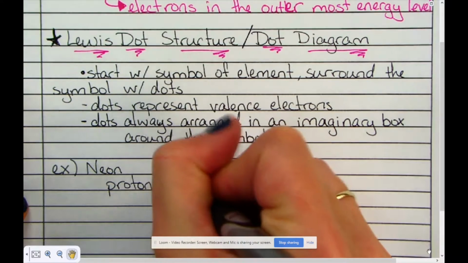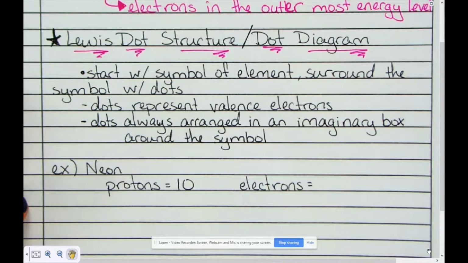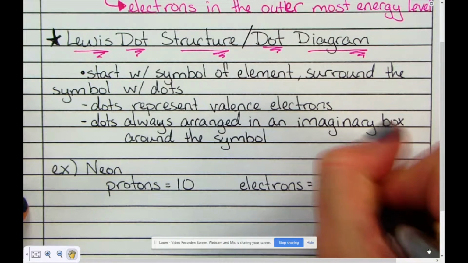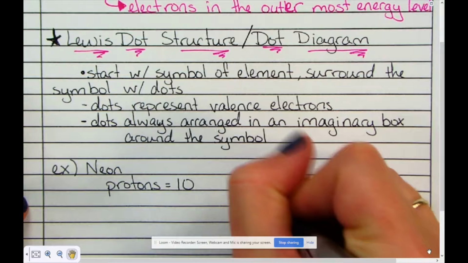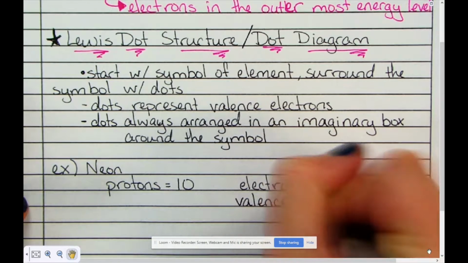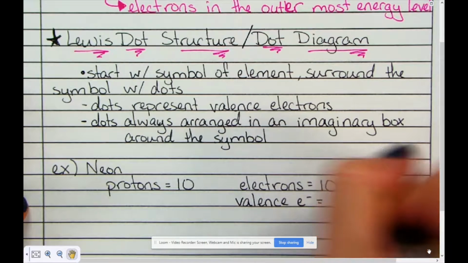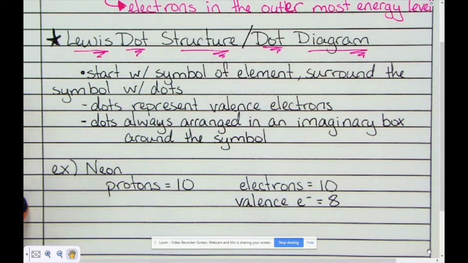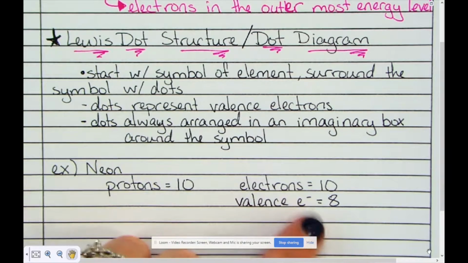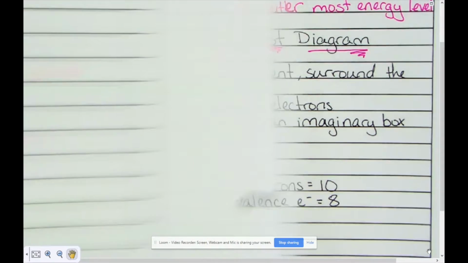So if it's neutral, how many electrons does neon have? 10. Now here's my question. How many valence electrons does neon have? Where'd you guys find that? Yeah. This is what you guys did on this paper.